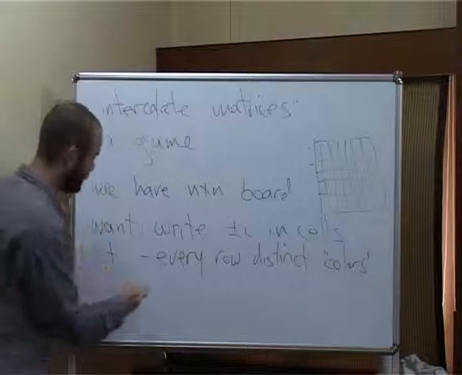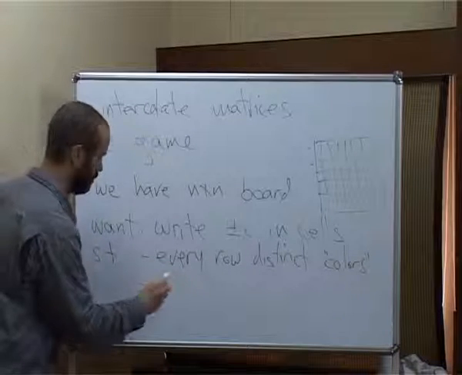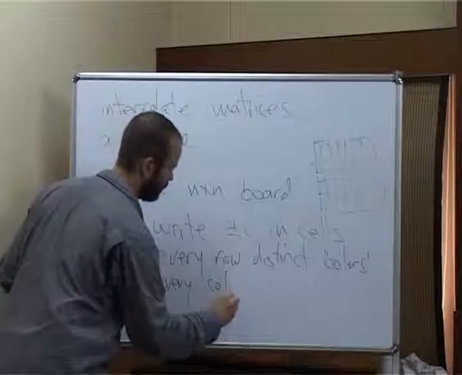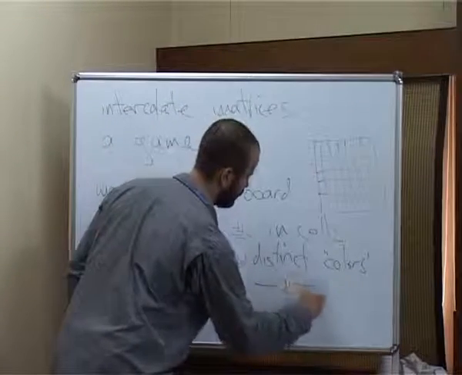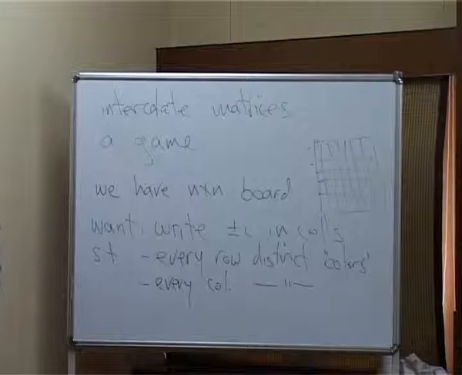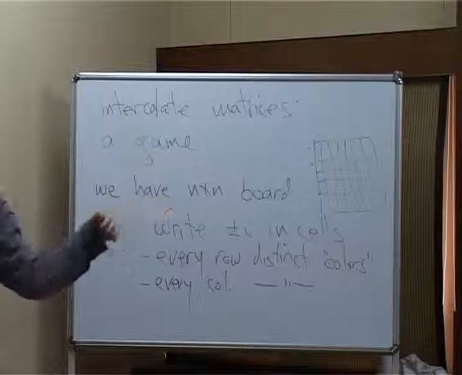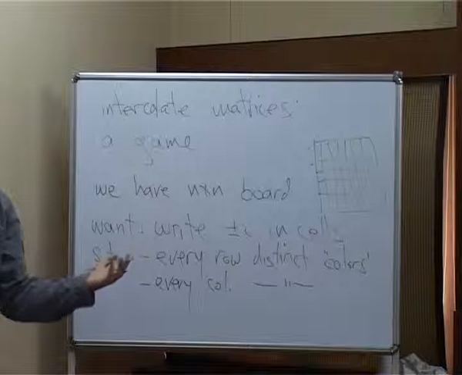And the same thing goes for columns. Every column has distinct colors. So it's similar to a Latin square, but perhaps there are more colors than just n.